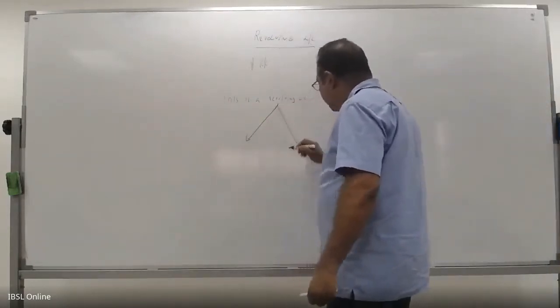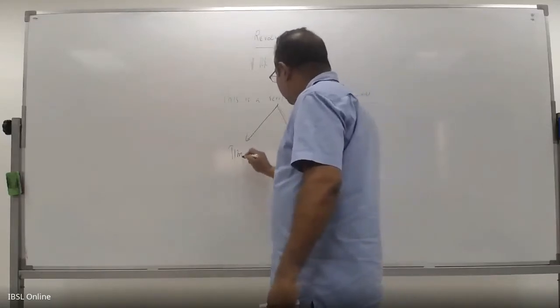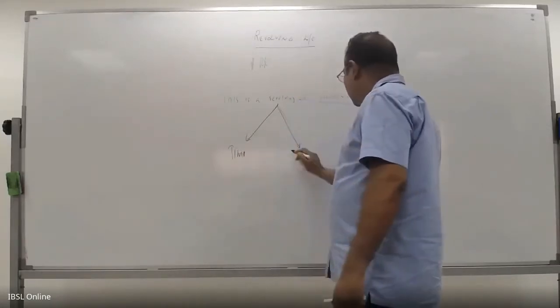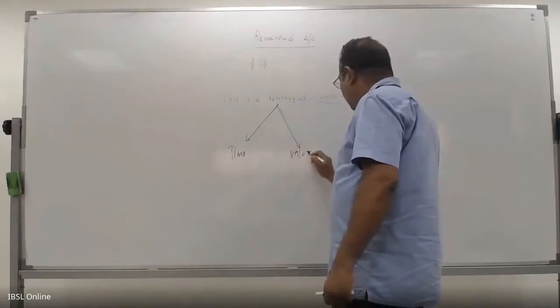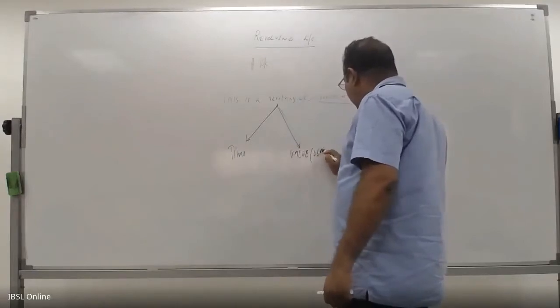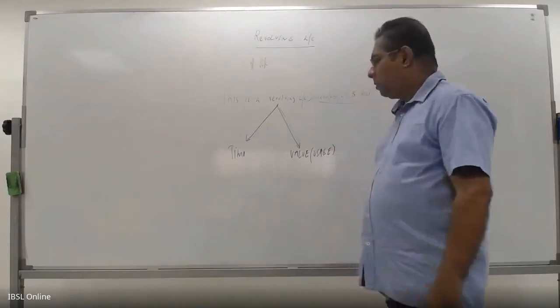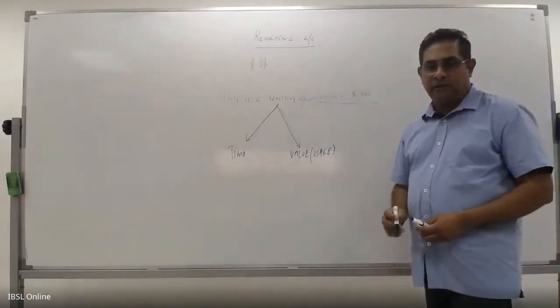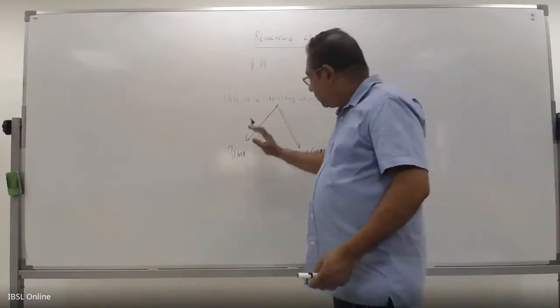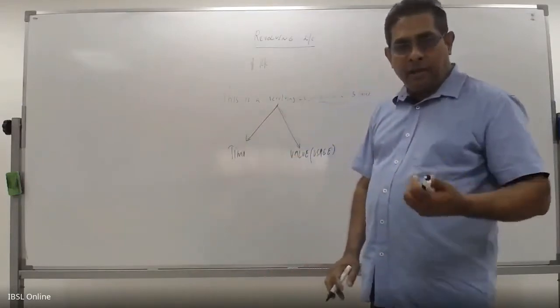Revolving could happen by time or by value. We call that usage as well. So it could revolve by time or by value.